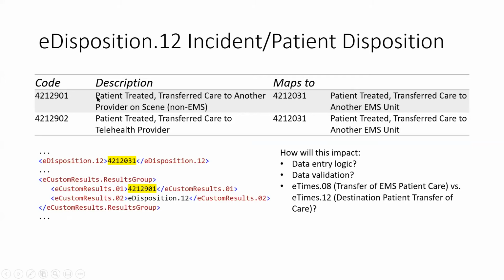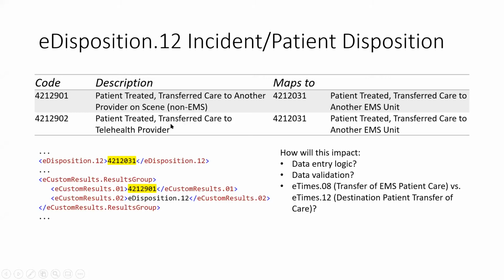The ET3 team plans to add two custom dispositions. The first is treated and transferred care to another provider on scene, non-EMS, and the second is patient treated and transferred care to a telehealth provider.